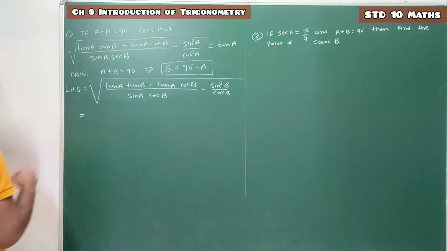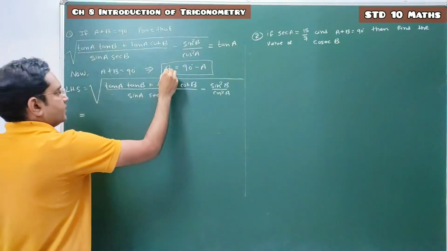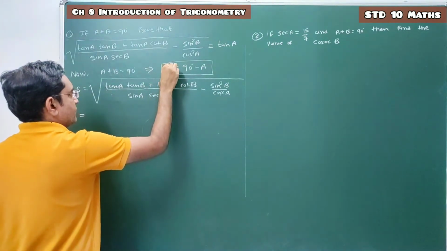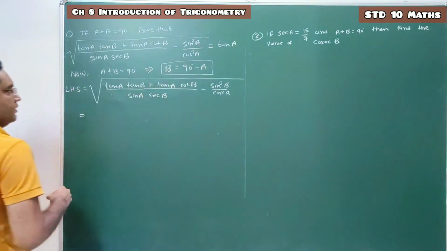So in this given left hand side we will replace this angle b with 90 degree minus a.